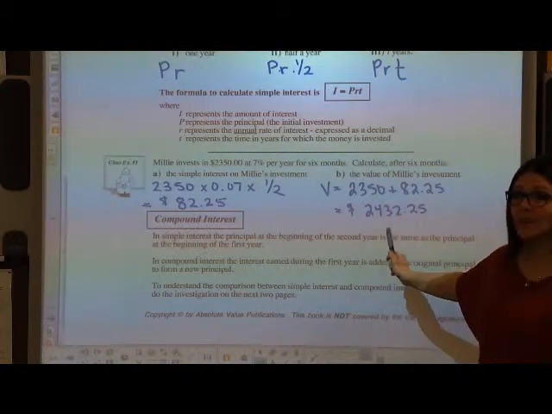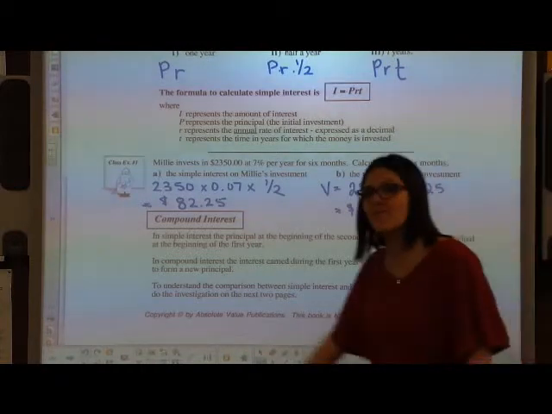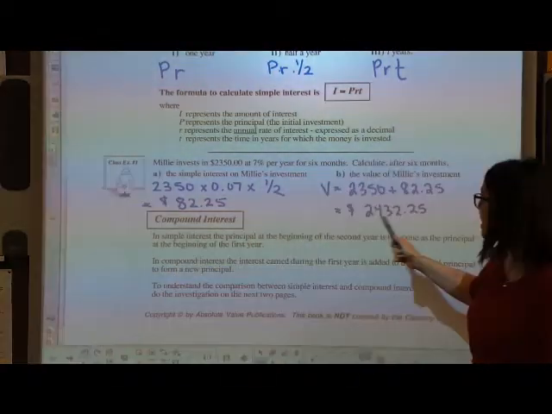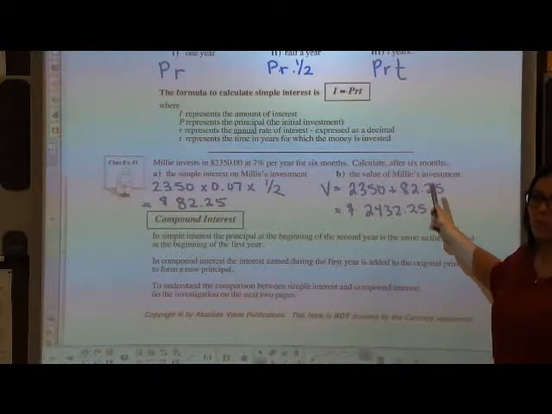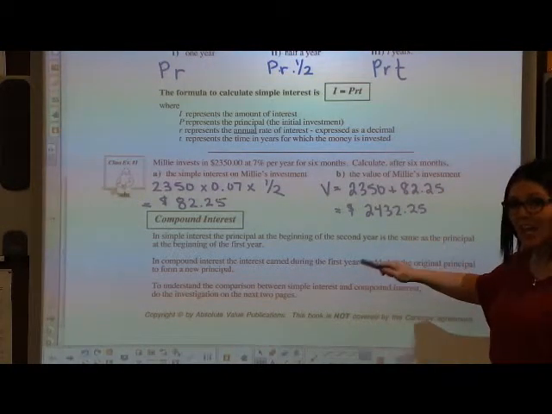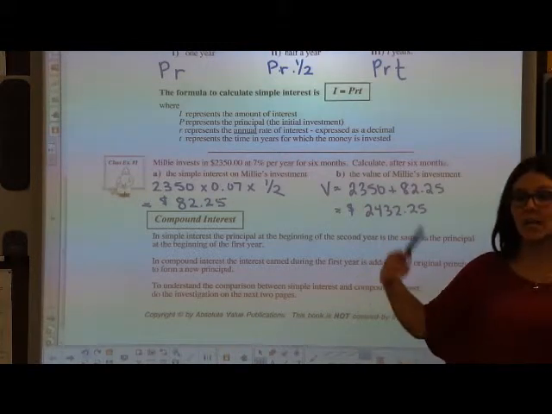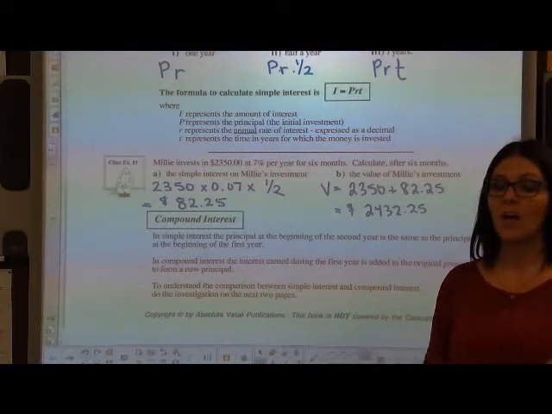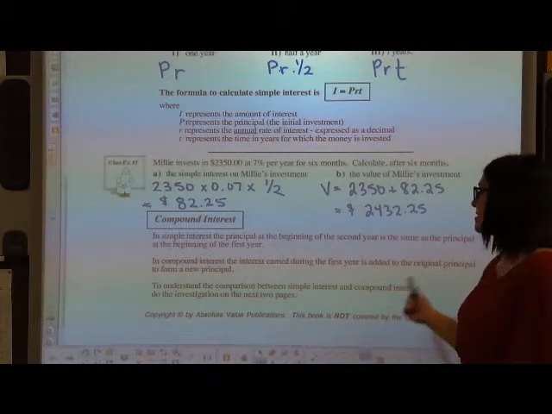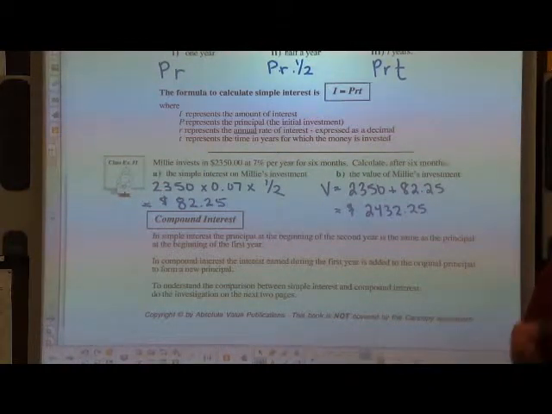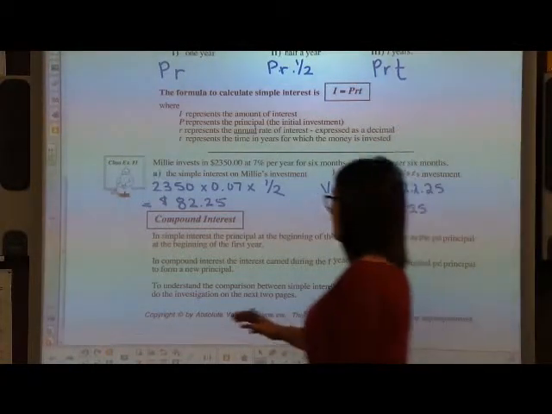In compound interest, we reinvest the interest. So in year 2, I would earn interest off my new value. The value or the principal changes after each period or each term of the investment. That's the difference between simple and compound. In compound interest, your interest earns interest, so you end up gaining more money.